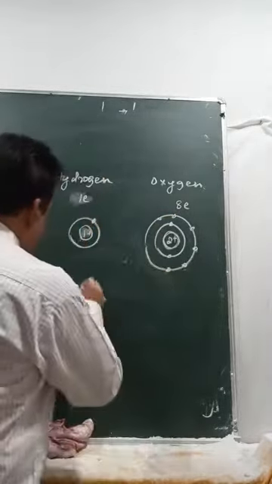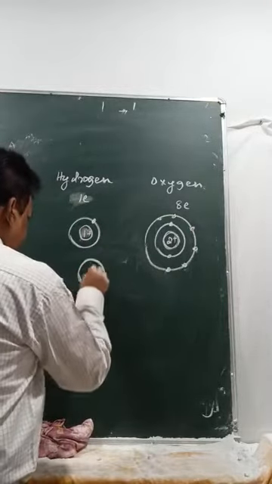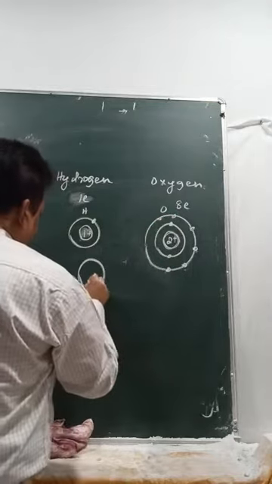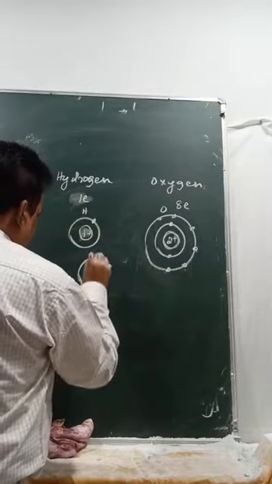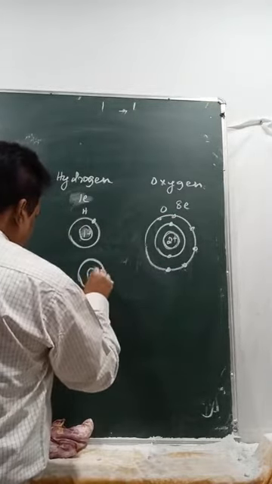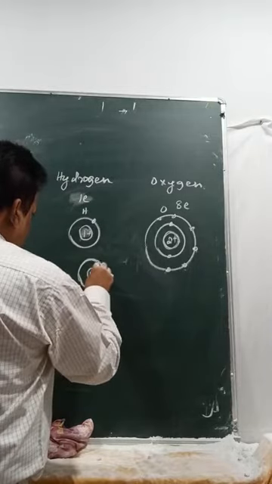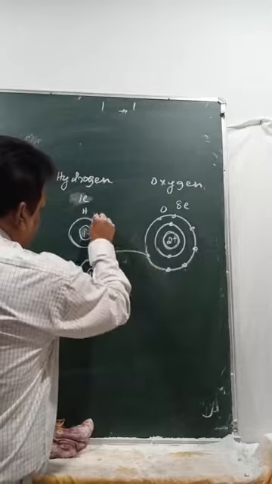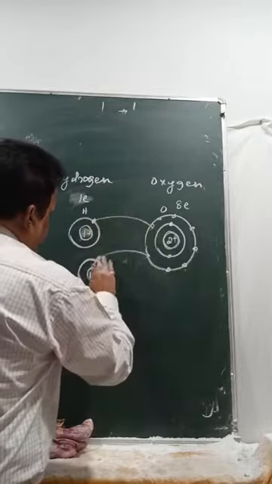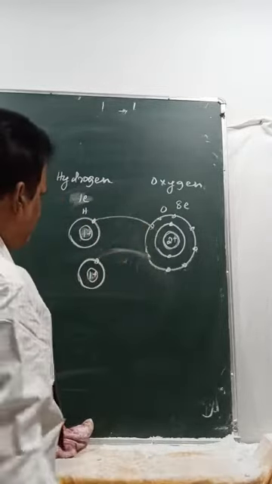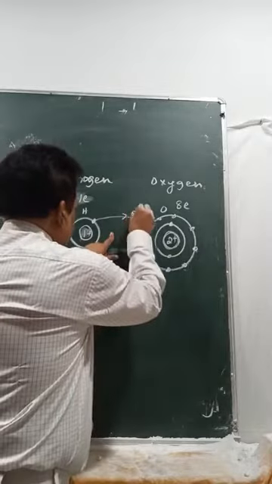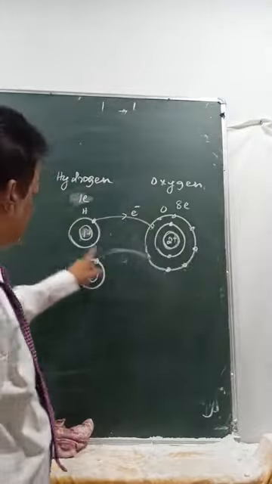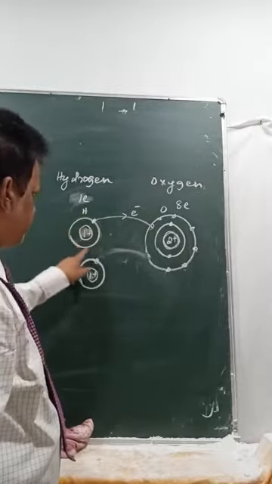That is why you need 2 hydrogen. This is hydrogen. This is oxygen. So 1 electron is here, and you take 1 electron here. Again you give 1 electron here. Okay, forget the timing. When it gives 1 electron, that means there is no electron here.